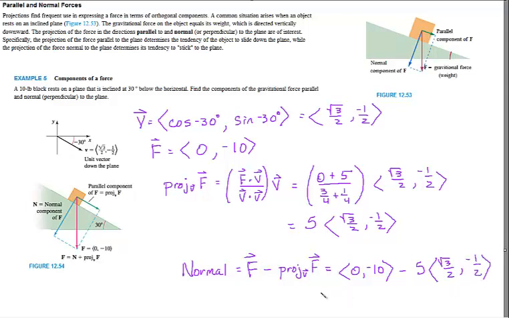And just doing that arithmetic, you will get -5 square roots of 3 over 2. And for the j direction, you'll get -15 over 2. And that's how you'll get the normal.